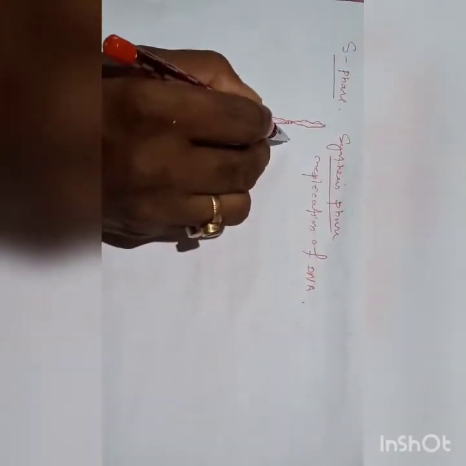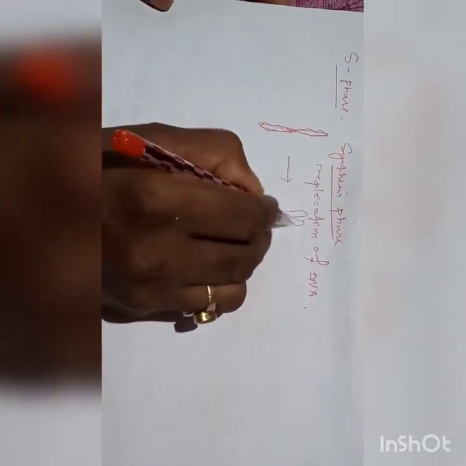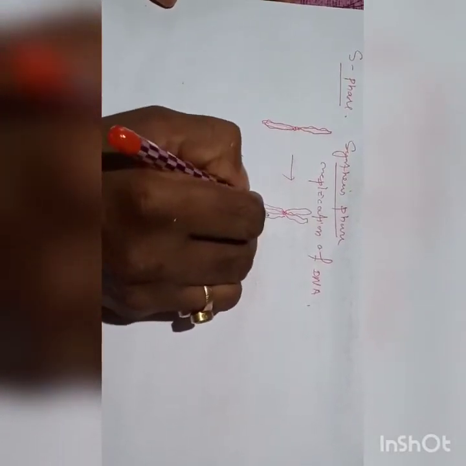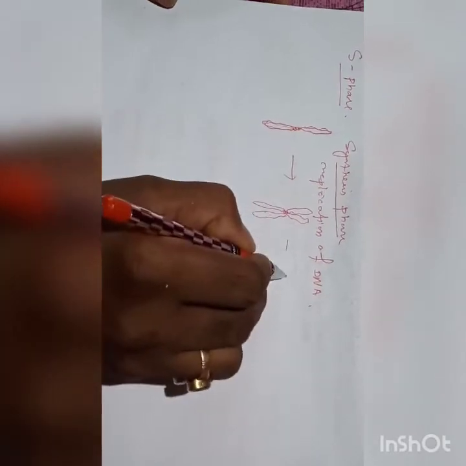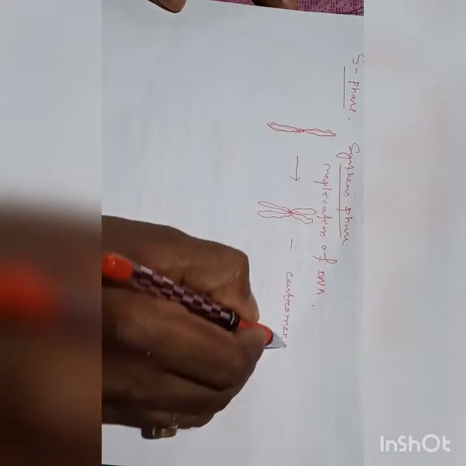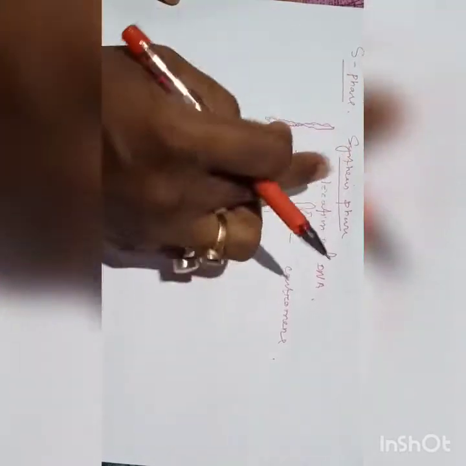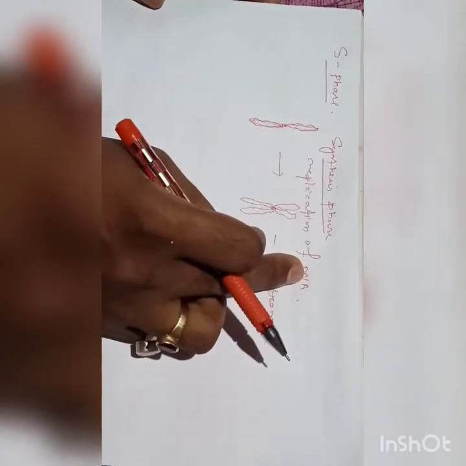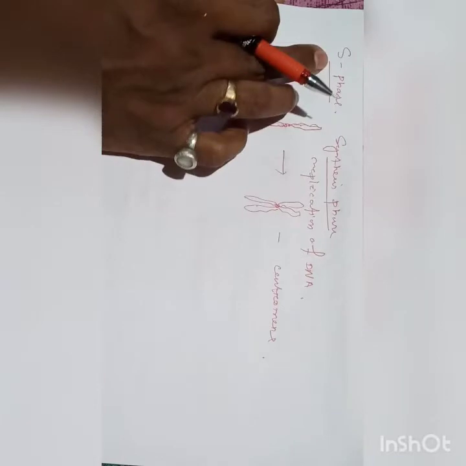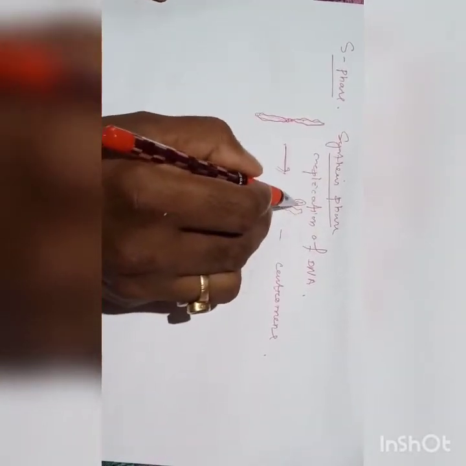But after S phase, the chromosomes would have two chromatids, and these two chromatids are joined at the point of centromere. So if it is the initial chromosome, it has only one chromatid, and after the S phase, the DNA replication occurs, and the chromosomes contain two chromatids.